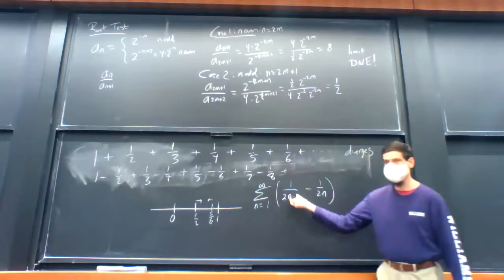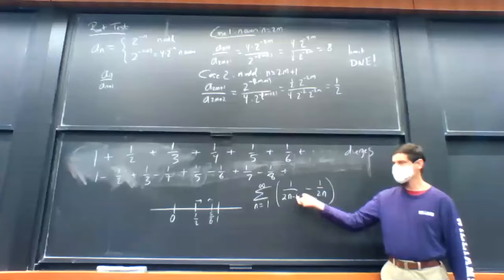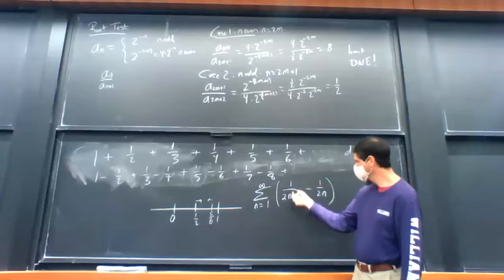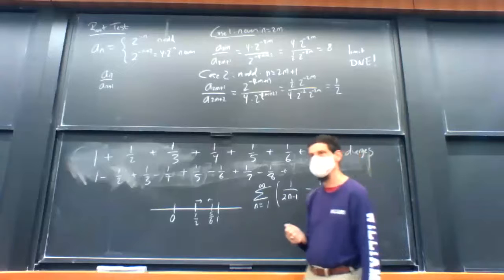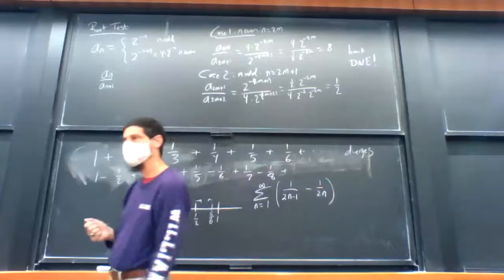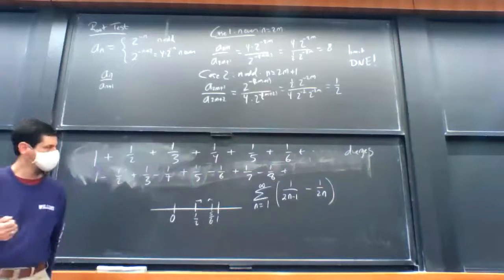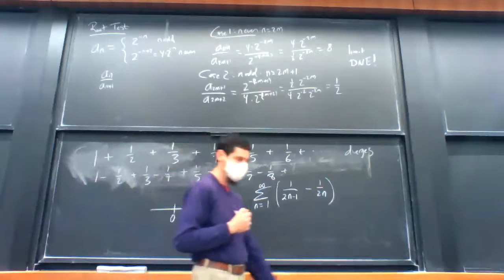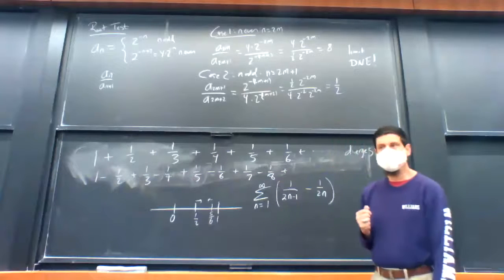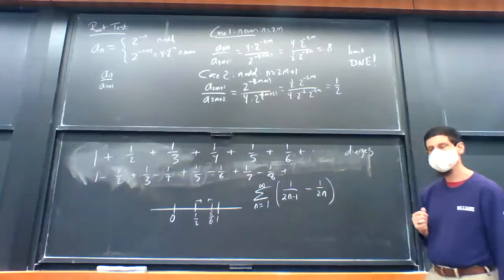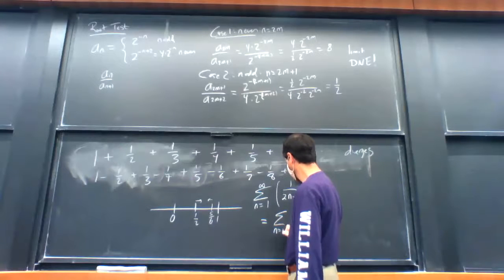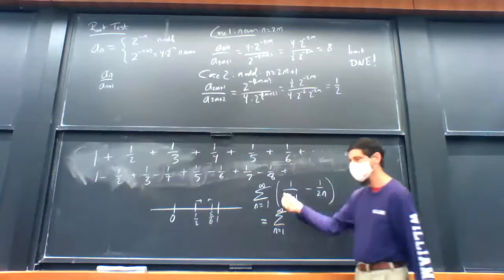And so here is my odd term with a positive sign, and here's my even term with a negative sign. How would you do 1/(2n-1) minus 1/(2n)? What would you do to do that algebra? So how would you handle that?